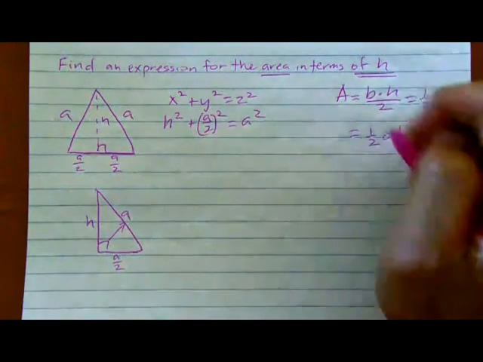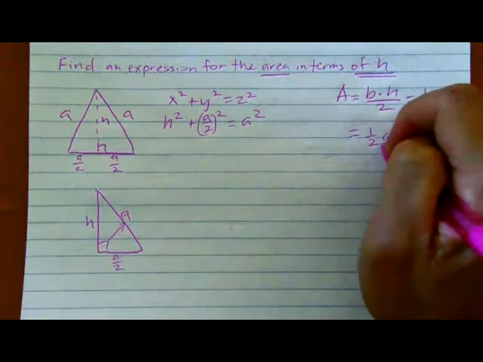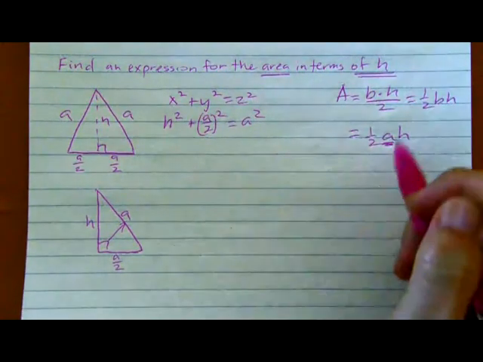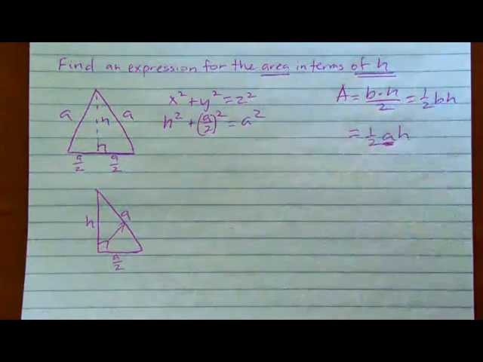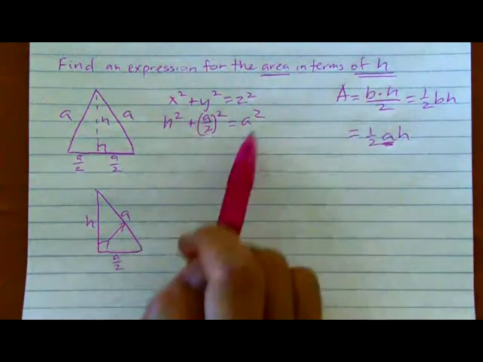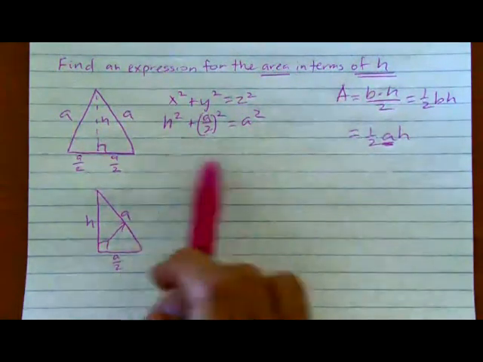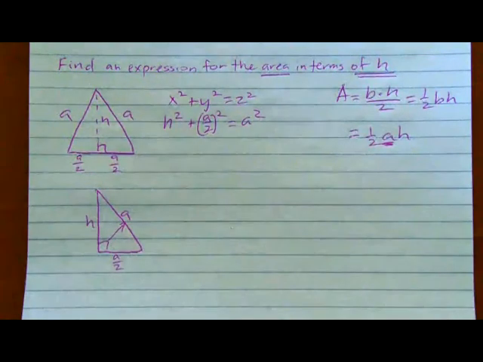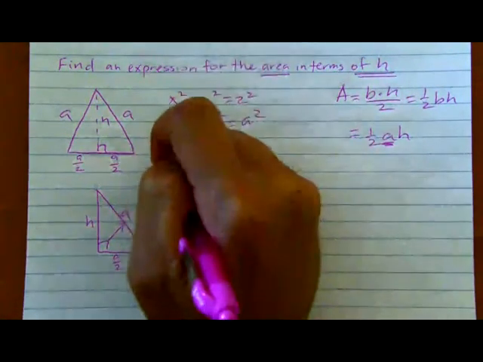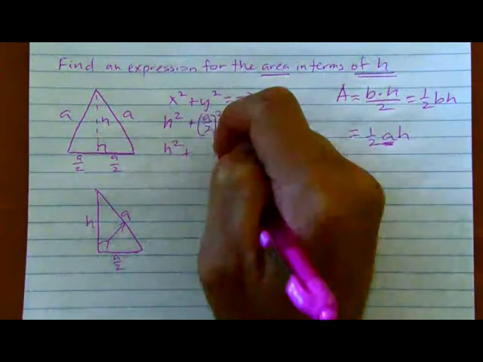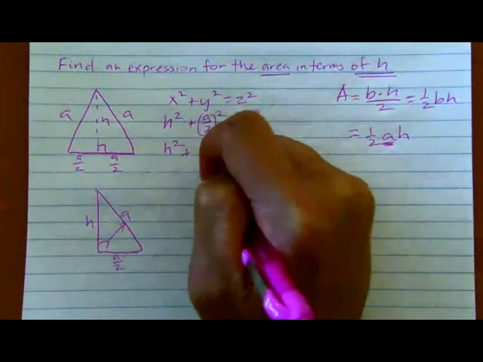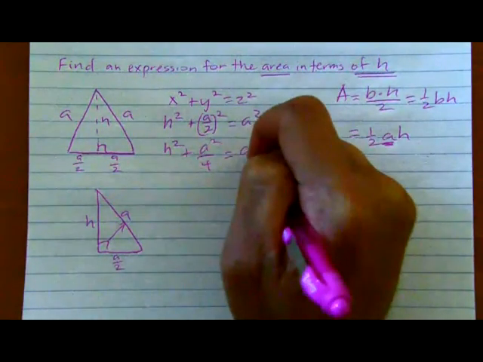Now, again, if we can just replace this a, then we'll have a formula that just has h in it. So we need to solve for a. We need to get a by itself on one side. Let's simplify this some more. This is a squared over 4 equals a squared.